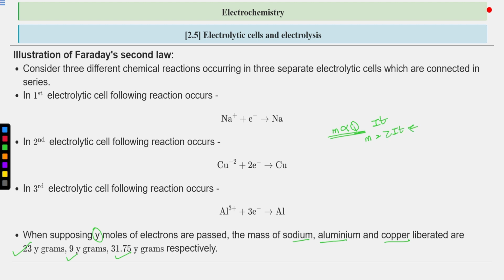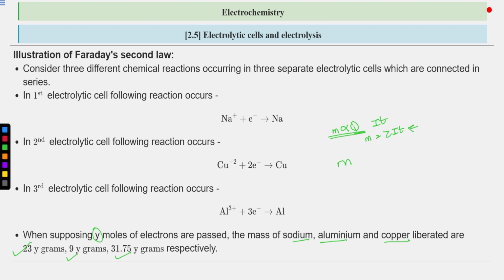And in Faraday's second law, the mass of the substance which is depositing over the electrode depends on the charge.